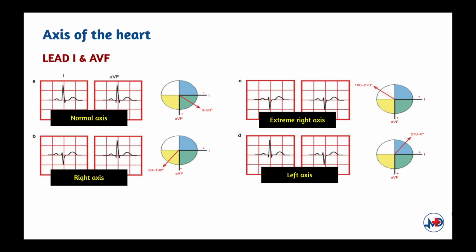It's demonstrated by right axis deviation, where the QRS axis is greater than 90 degrees; extreme axis deviation, where the QRS axis is between minus 90 and 180, also known as the northwest axis; and left axis deviation, where the axis is less than minus 30 degrees.